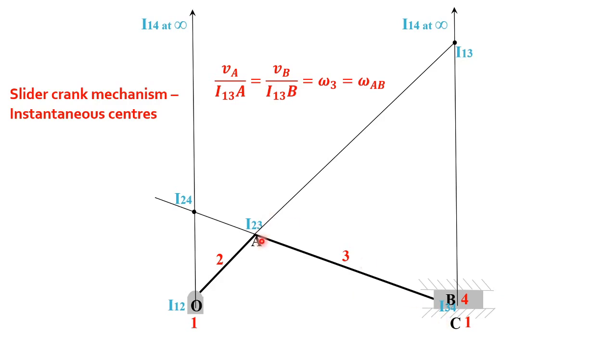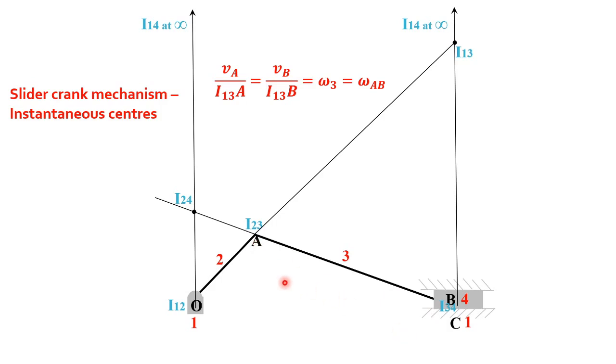But the change is we have some velocity called VAB or VBA. That is completely different. What is VBA or VAB? VAB means velocity of A with respect to B, and VBA means velocity of B with respect to A. That is relative velocity, which you can find in your relative velocity triangle.